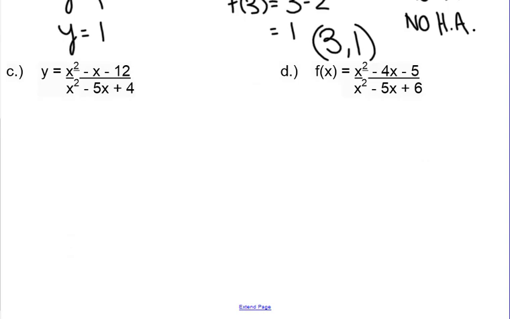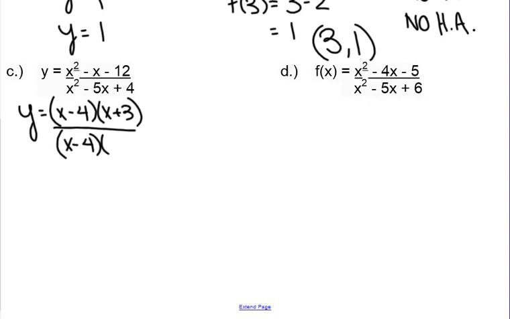Okay, example C. So the first step again is factor. So y is equal to (x - 4)(x + 3) over (x - 4)(x - 1). We have a common factor, so our discontinuity happens at x is equal to 4.